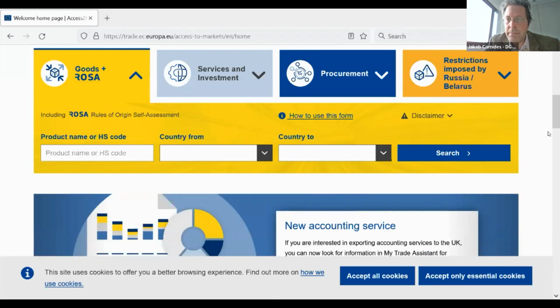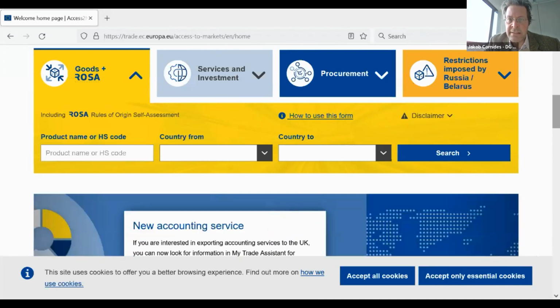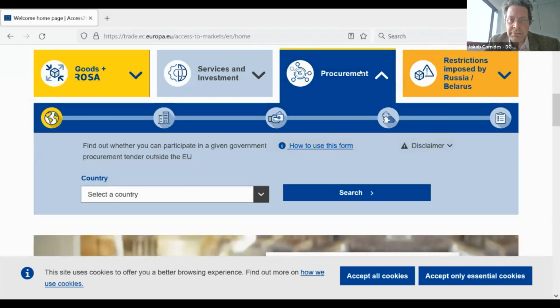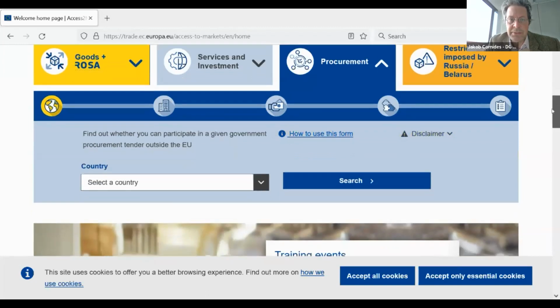So I am giving you a short demonstration of another module of Access to Market, which is called Access to Procurement. You find it here on this third page.